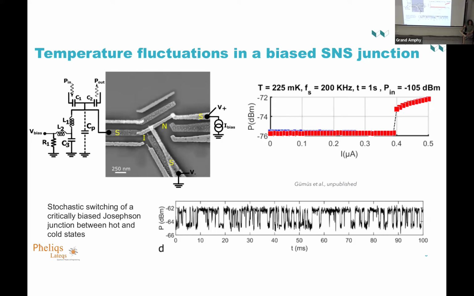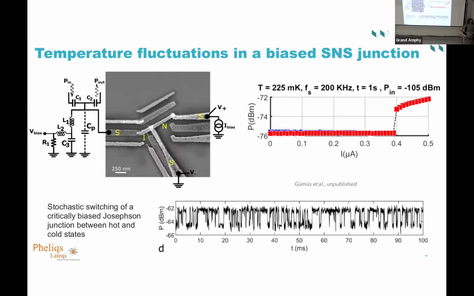Yes, you could think of this, although it's debatable whether in an SNS junction we can really use an RCSJ model. Why would it be stuck in a heated state if you're talking about a good superconductor? What's the mechanism here? I don't know. That's an open question. We just see that it happens on sub-millikelvin time scales.